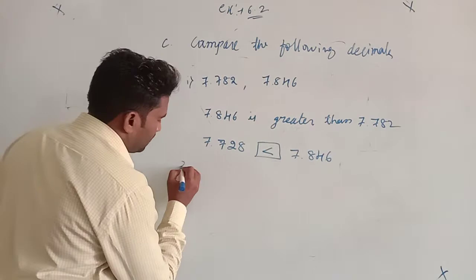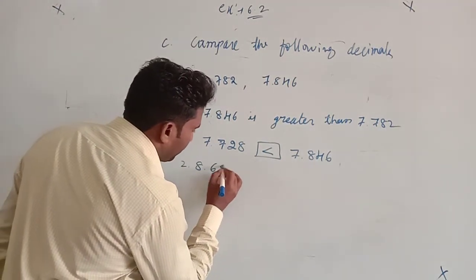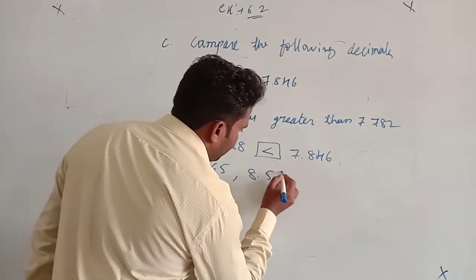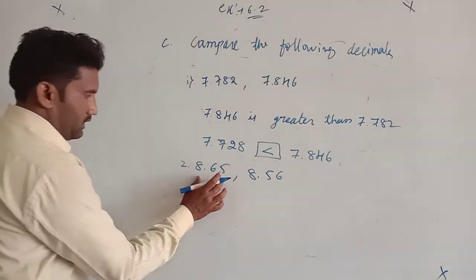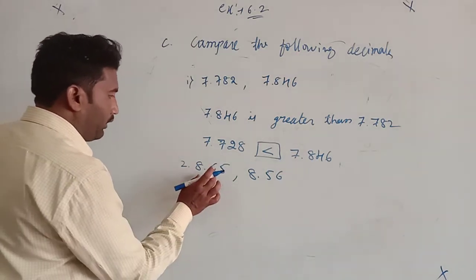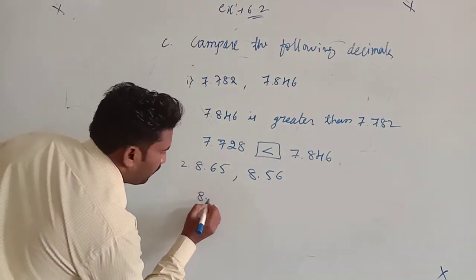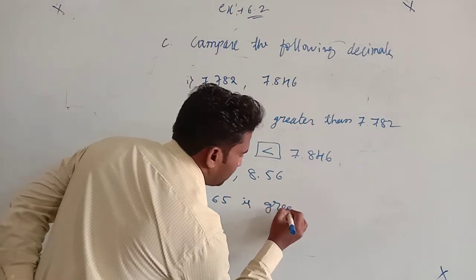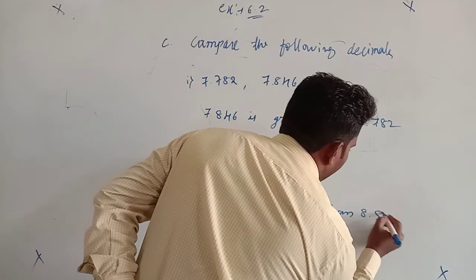Okay. So now the second one is 8.65 and 8.56. Okay, so which one is greater here? 8.65 is greater than 8.56.